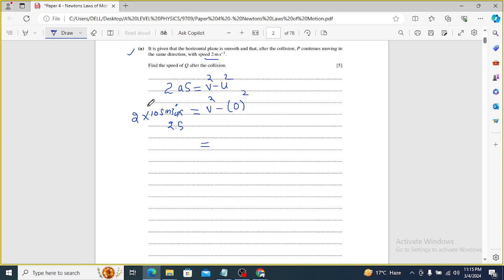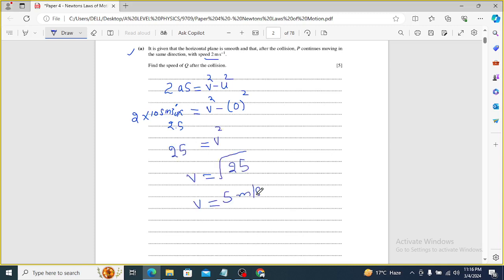So 25 on the left hand side equals v squared. So v equals the square root of 25, so v equals 5 meters per second.